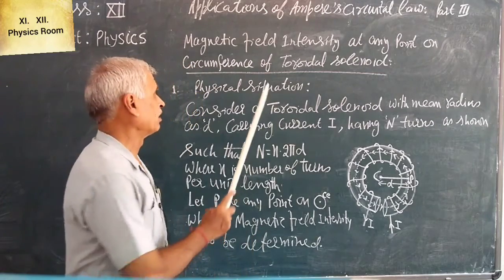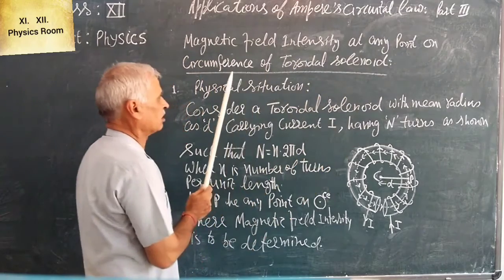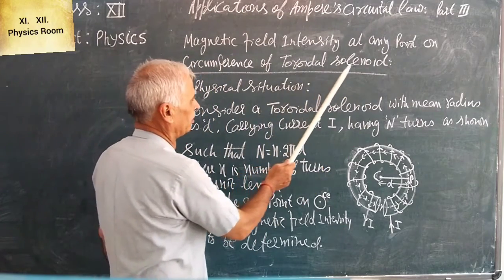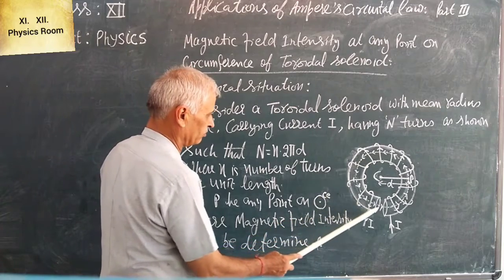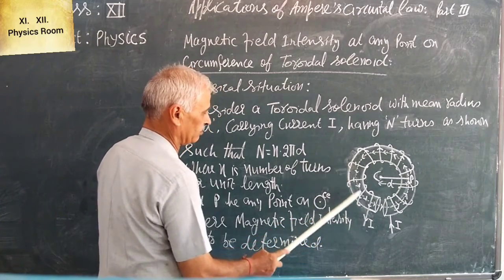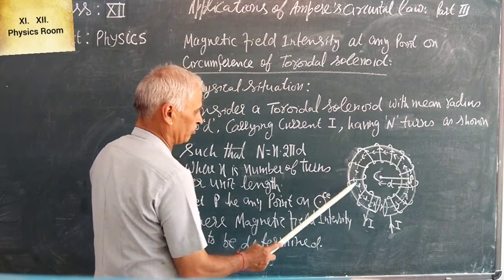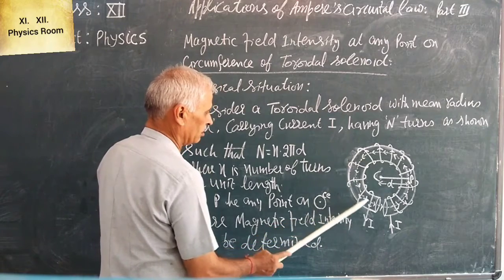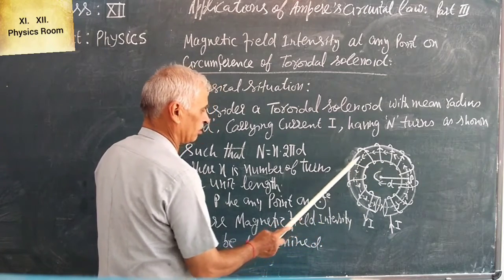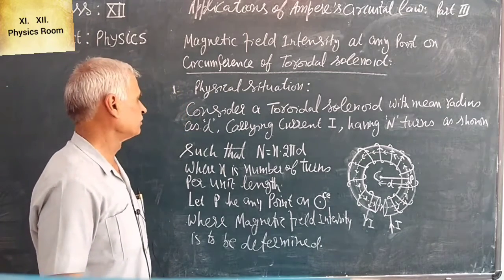This is the circumference of the toroidal solenoid. We have to find the magnetic field intensity at any point on the circumference of this solenoid. It is a toroidal solenoid, of course.